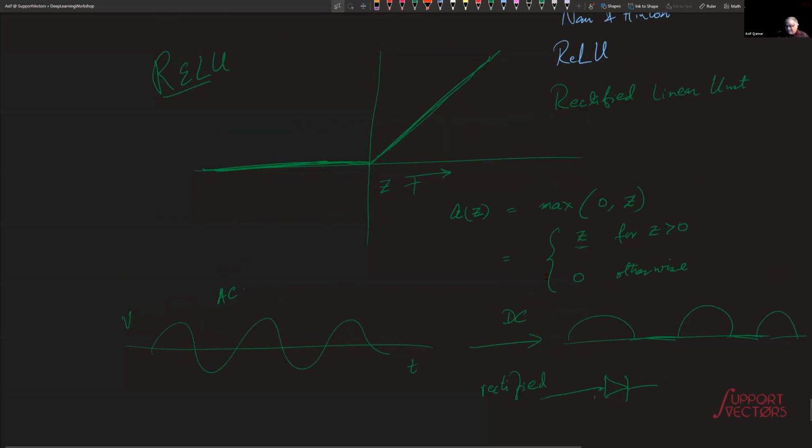So now let's look at the properties of the rectified linear unit. Is it continuous? Yes. Is it differentiable? Except at 0. That is a caveat you have to be careful about.